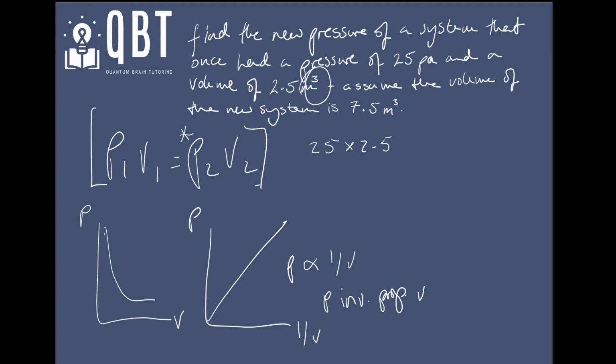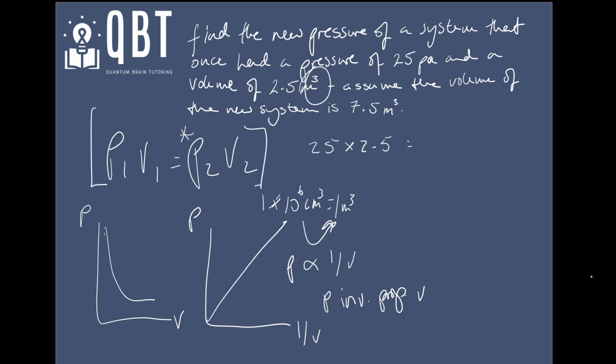If it's not, then you need to convert it to meters cubed, right? And we know that there are 1 million centimeters cubed in 1 meter cubed, okay? Which means that if we're going from centimeters cubed to meters cubed, we need to divide by 1 million, okay? Something to bear in mind.